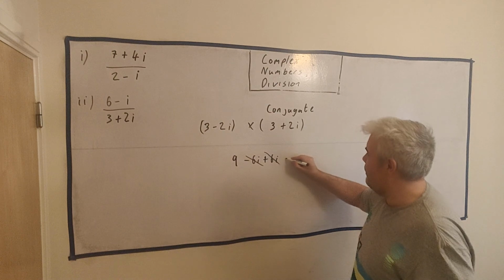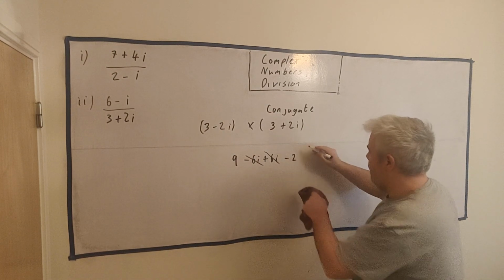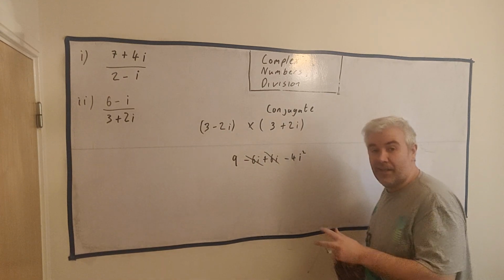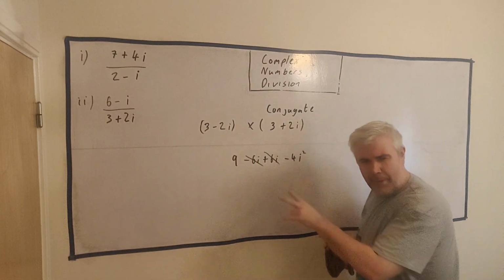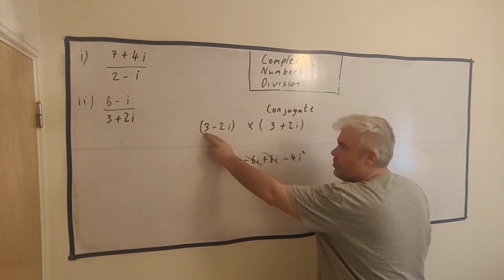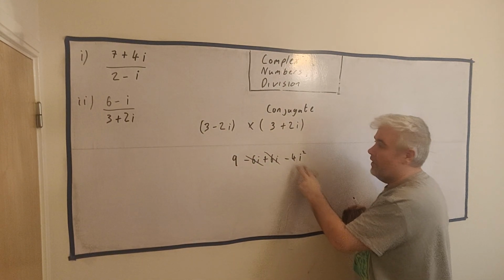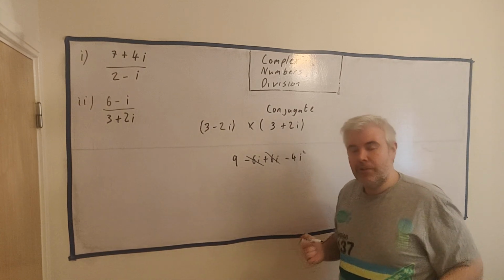And the last part will be minus 4i squared. And here's the other interesting thing. This will happen with all conjugates. We'll get the first one squared minus the second one squared.